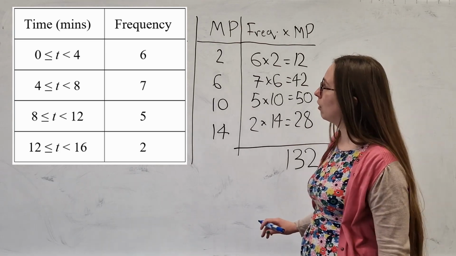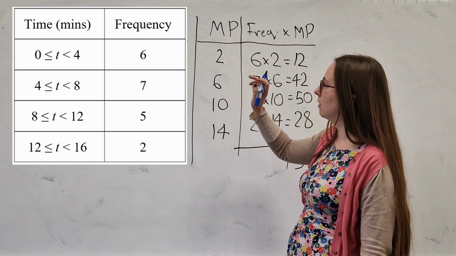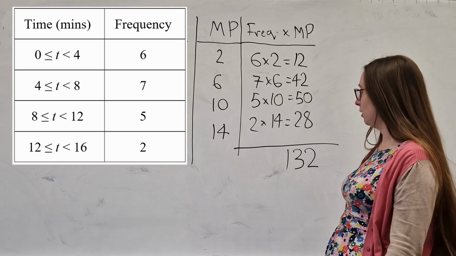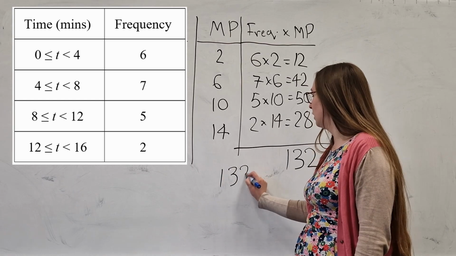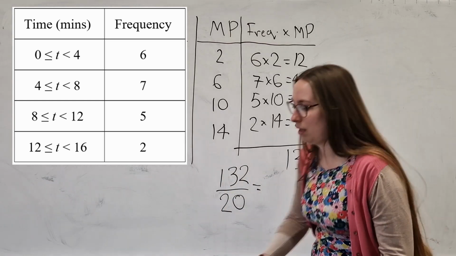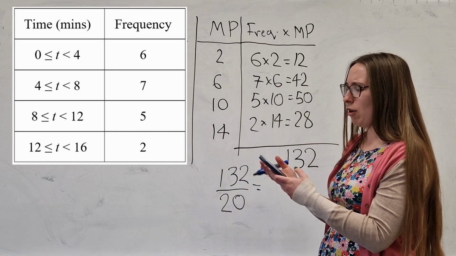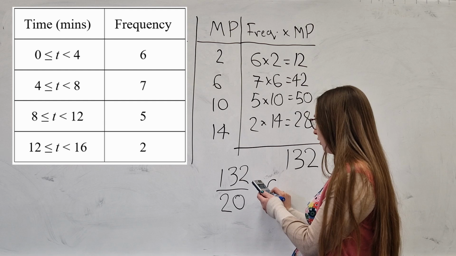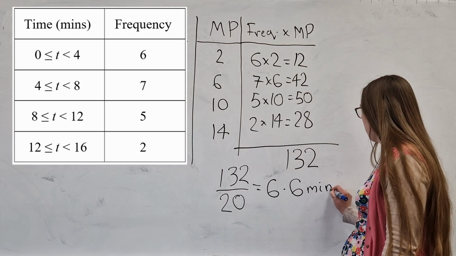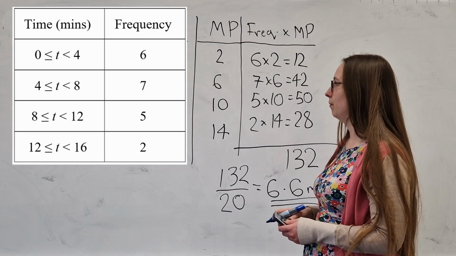So here you've got, I think it's 20 students, so 6 plus 7 is 13, 18, 20. So we have 20 students in total. So we just do 132 divided by 20. I can't believe I just typed that into a calculator. So that's 6.6 minutes. So the mean time taken by the students is 6.6 minutes.